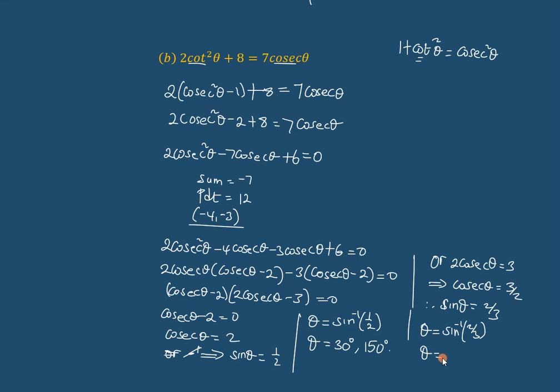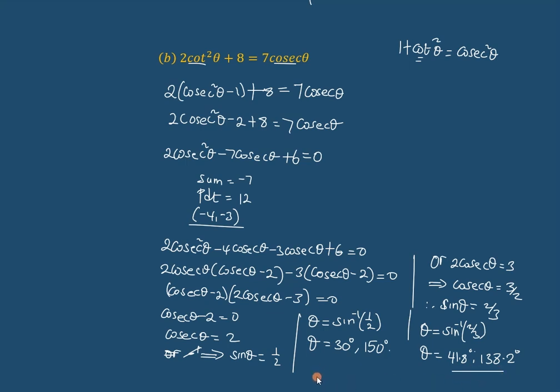Your calculator will give you that the first angle is 41.8, and the angle in the second quadrant is 180 minus this first angle you get. So it is going to be 138.2 degrees. These angles satisfy that equation.